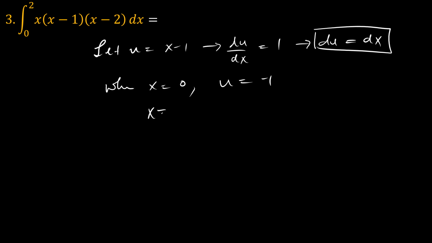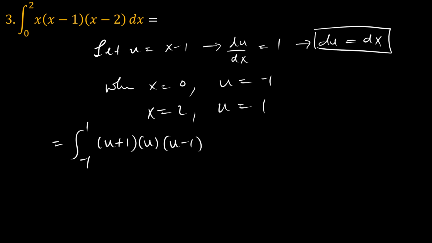When x equals positive 2, u equals positive 1. So our integral in the u domain becomes the integral from u equals negative 1 to positive 1 of (u plus 1)(u minus 1). And that corresponds to x and x minus 2 respectively. And in place of dx we have du.